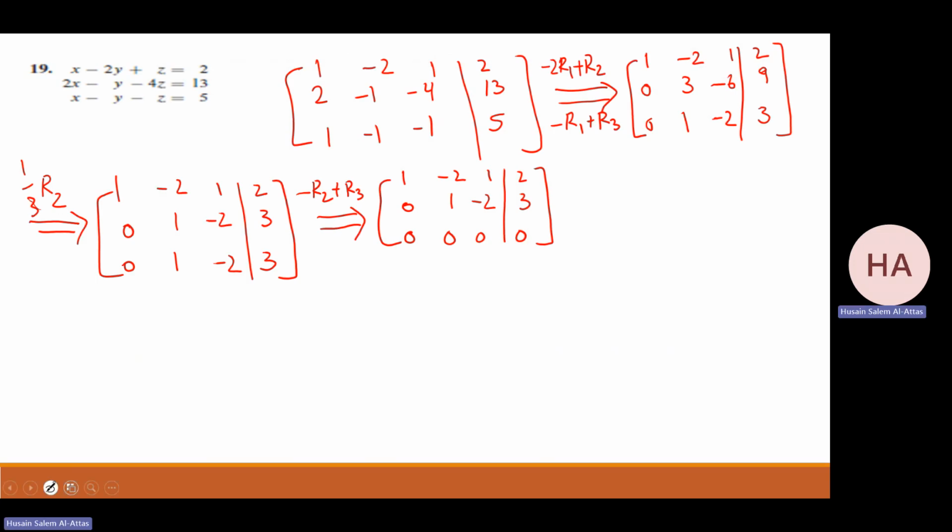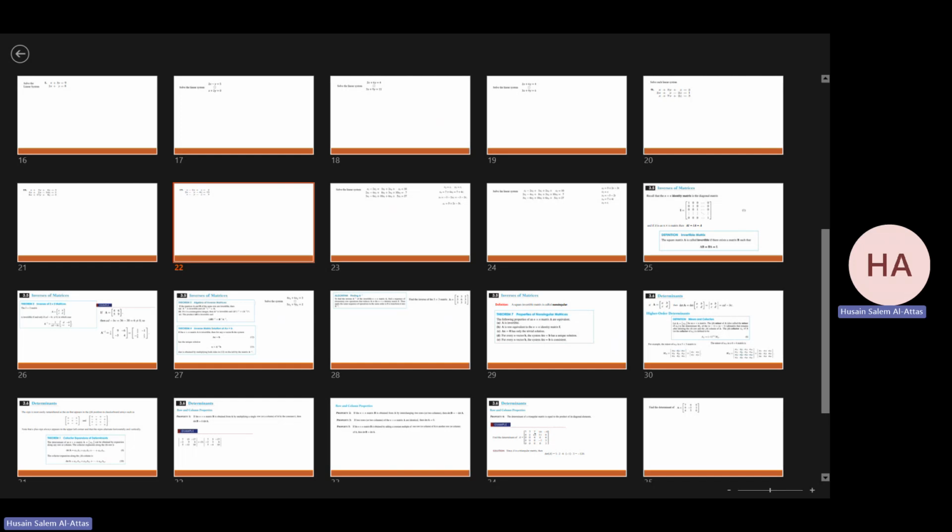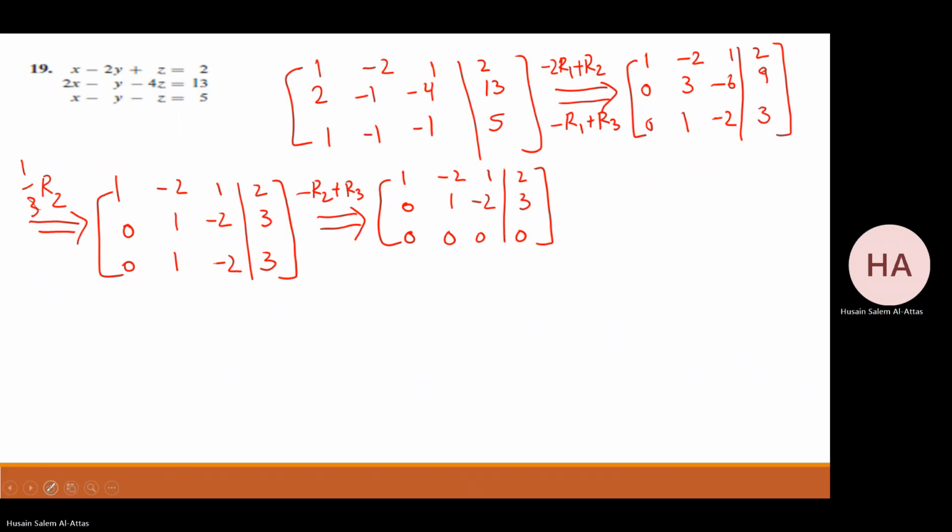So if I do back substitution, what I will get? Here I get 0 equals 0. Nothing to worry about. But here I'm getting y minus 2z equals 3. And here I have x minus 2y plus z equals 2. Very clear to me.